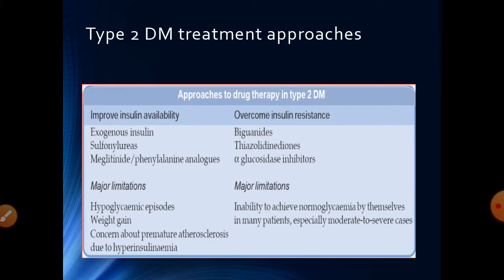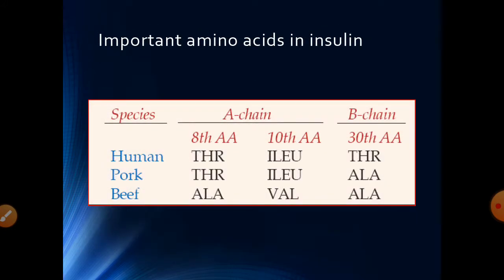Next comes the type 2 diabetes mellitus treatment approaches. Direct questions cannot be asked from this table, but this is important for clearing your concepts. Next, amino acids could be asked. They could ask which is the 8th amino acid in the A chain and B chain of insulin in humans. Then you have to learn these amino acids.